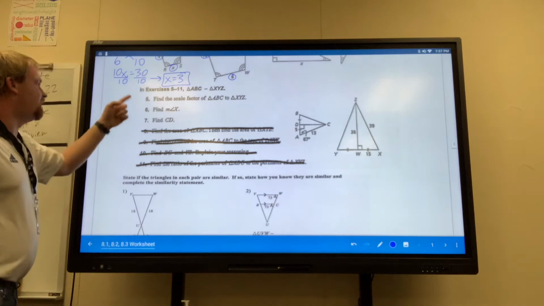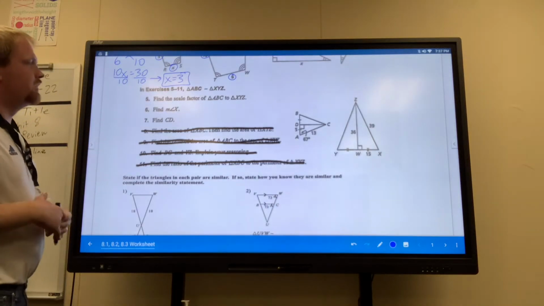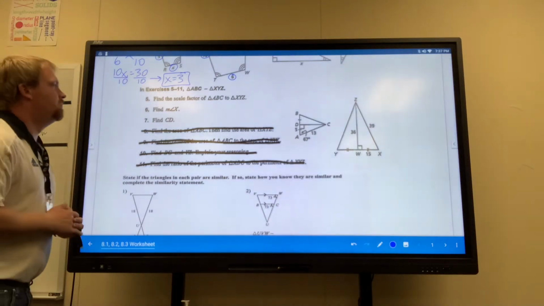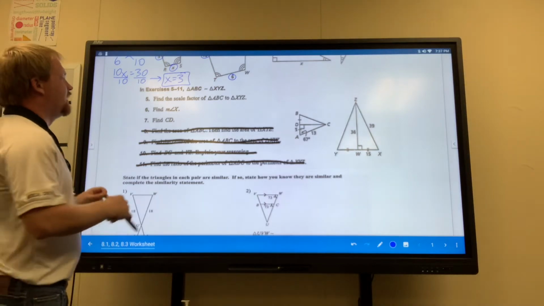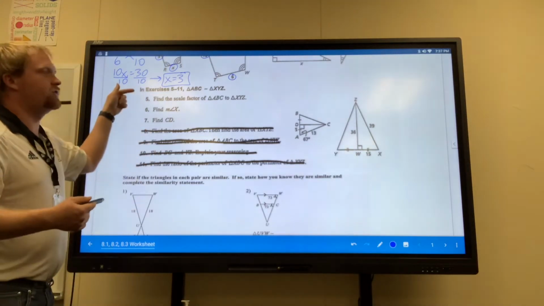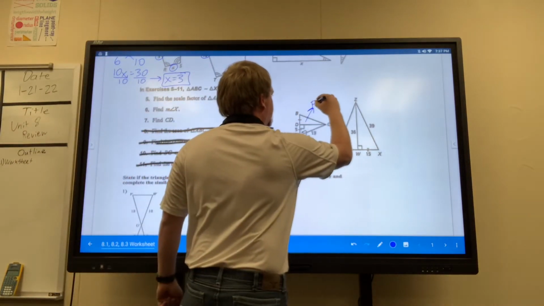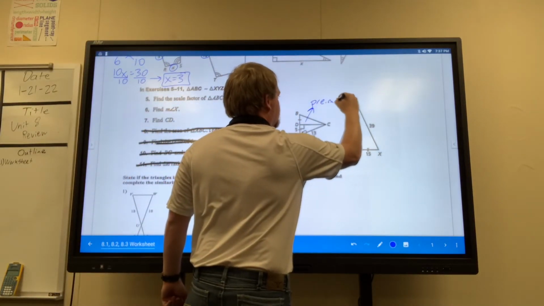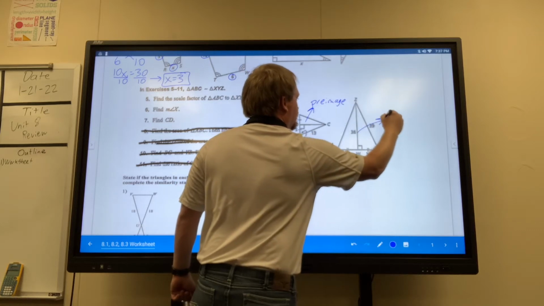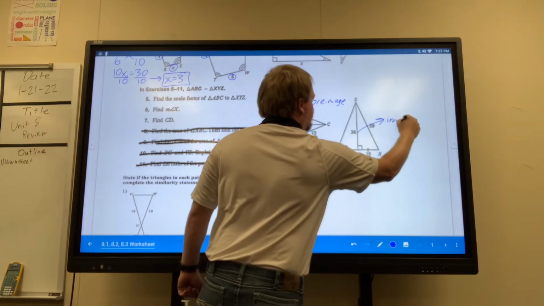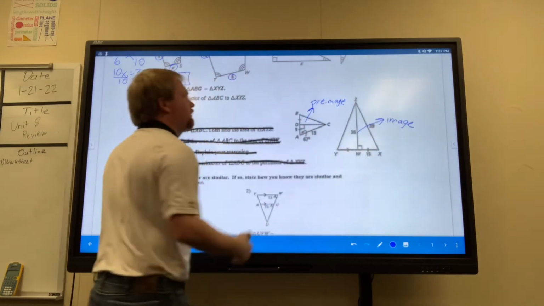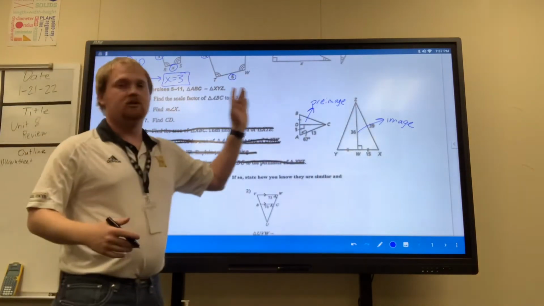So right here, again, you just have to be able to set it up so that you cross multiply. And then 5, 6, and 7 are the same type of problem, but this time we have to find the scale factor, going from the pre-image to the image, just the shape. I'm not talking about this specific line, just the shape.